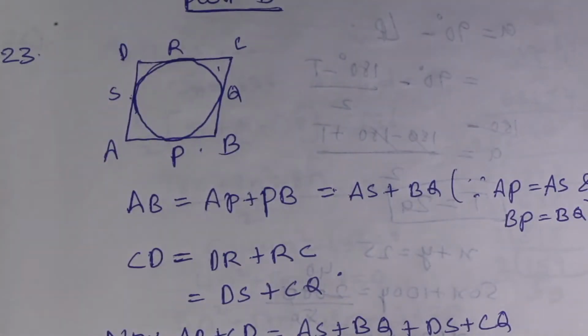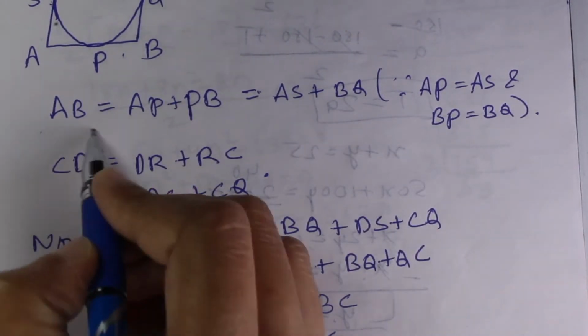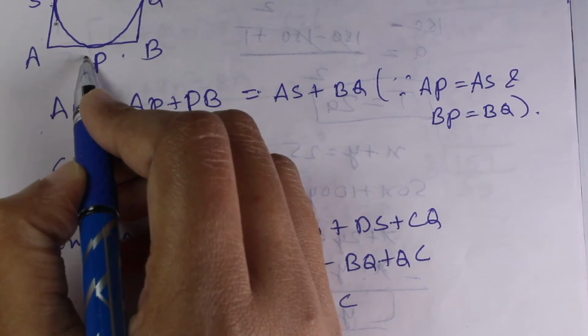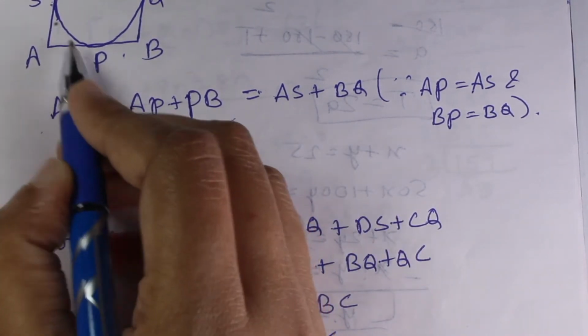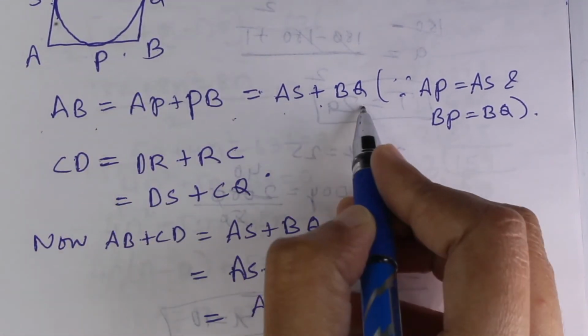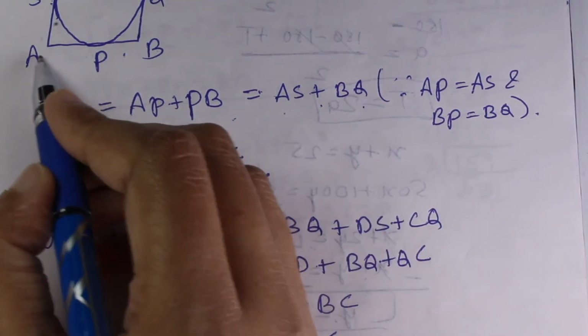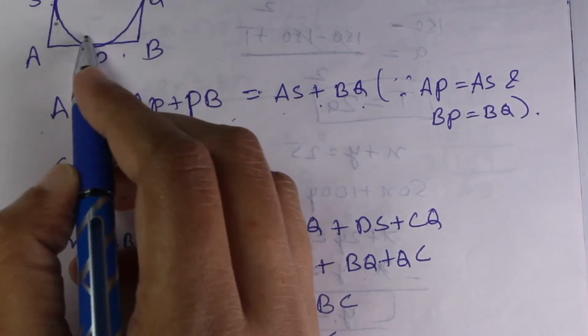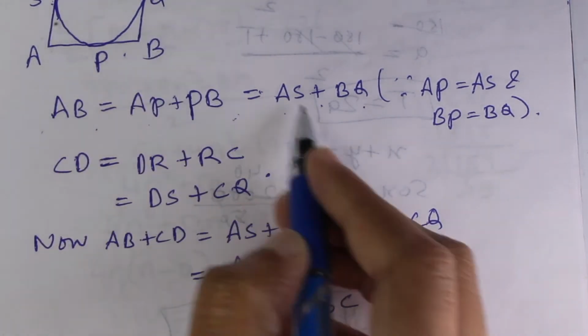What will be AB plus CD? AB is equal to, what will be AB? AB is equal to AP plus PB, right? That is equal to, AP is equal to AS. So AS plus PB is equal to BQ, because AP and AS are tangents to this circle, right? So I have replaced AP and PB with AS and BQ.